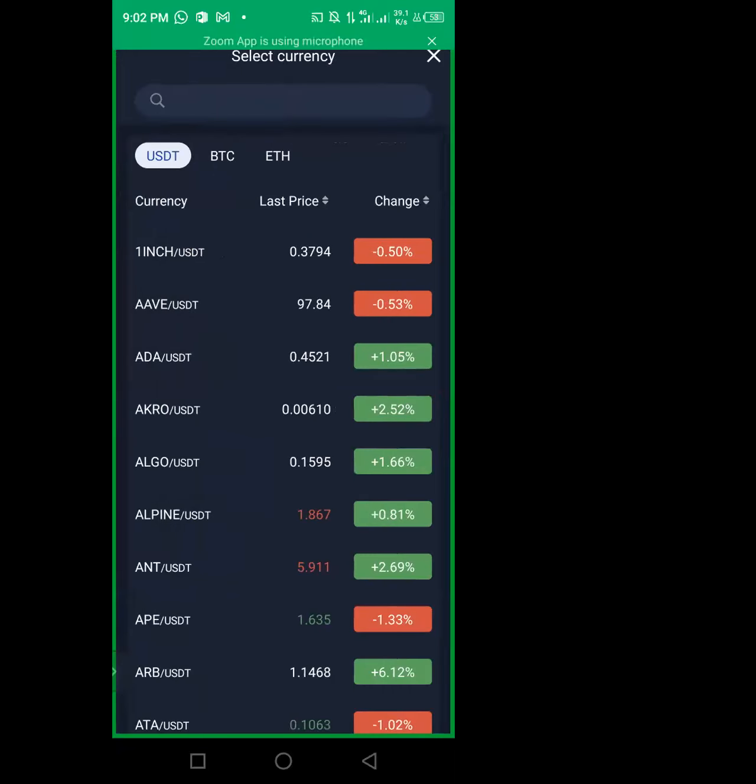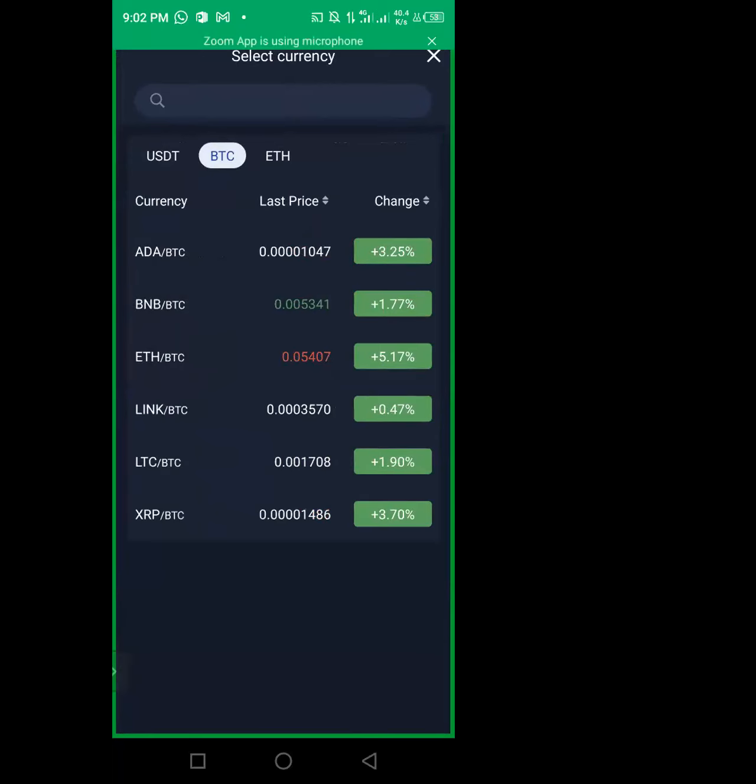Now you come back to this page where you find the name, the coin you want to trade. Remember, we are trading USDT. The capital we are using is in USDT. But if you want to accumulate BTC, maybe you have BTC you want to use to trade, you can also use BTC.